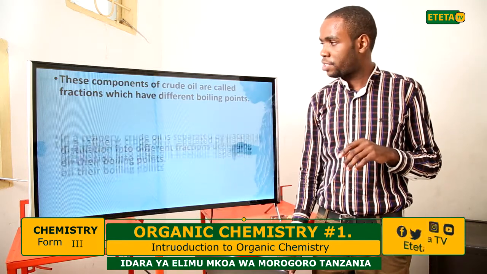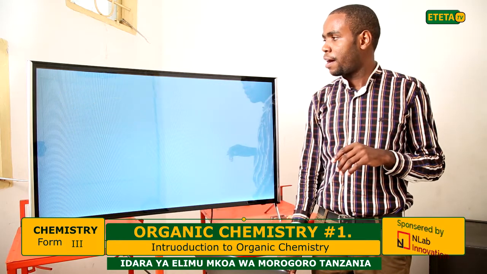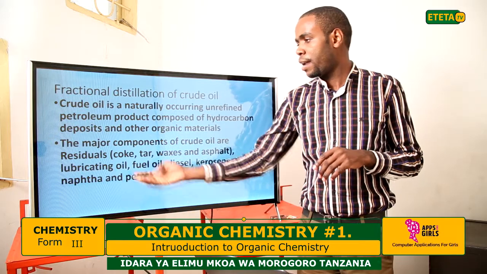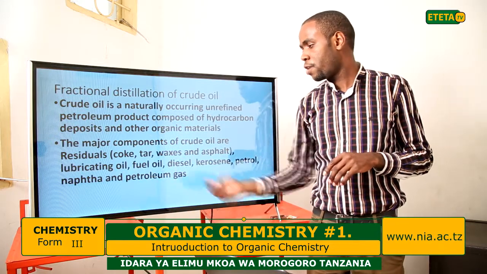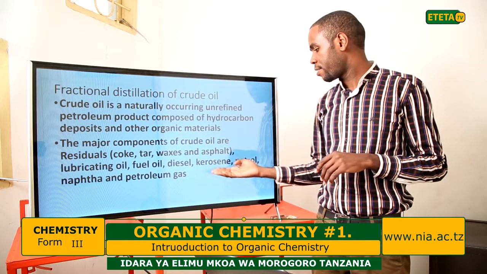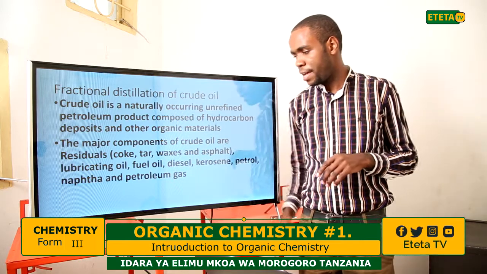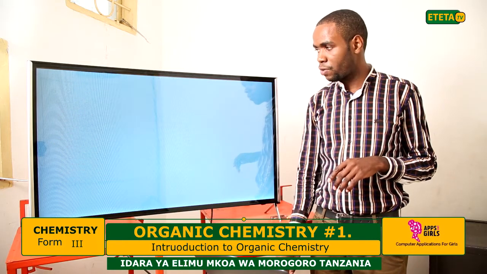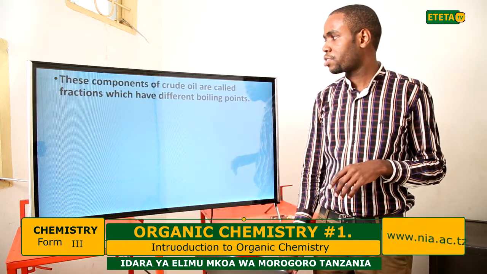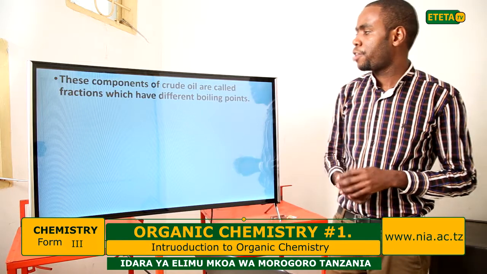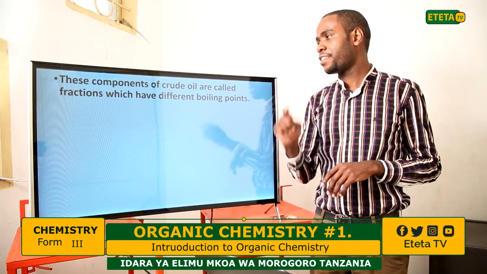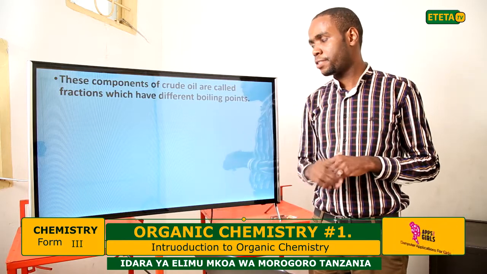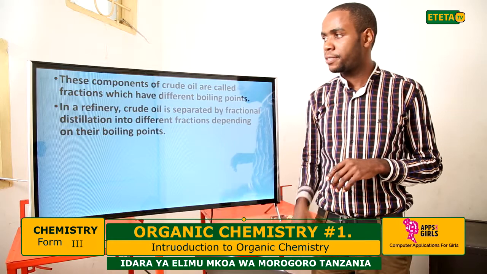So the fractions include residue, lubricating oil, fuel oil, diesel, kerosene, petrol, naphtha, and petroleum gas. These are fractions of crude oil, and each has its boiling point.